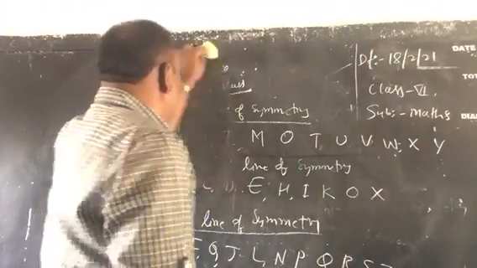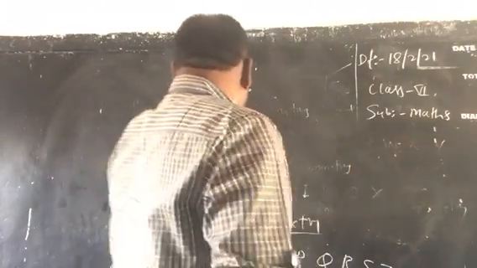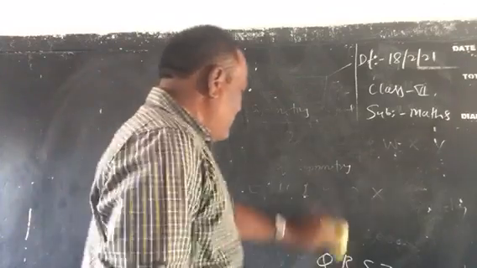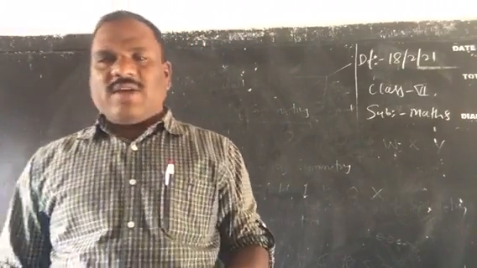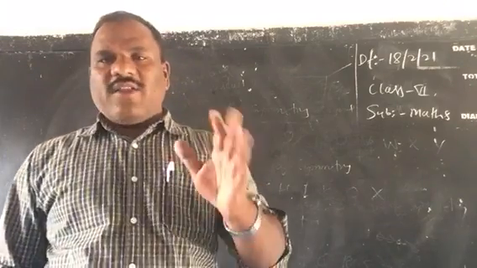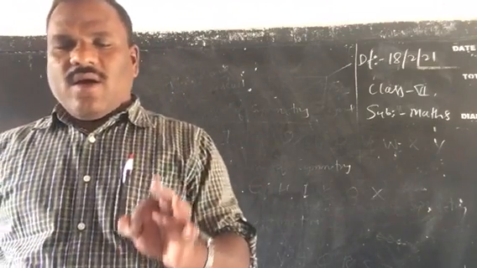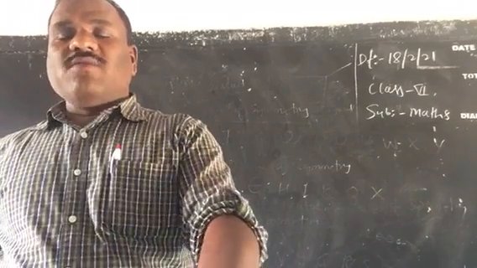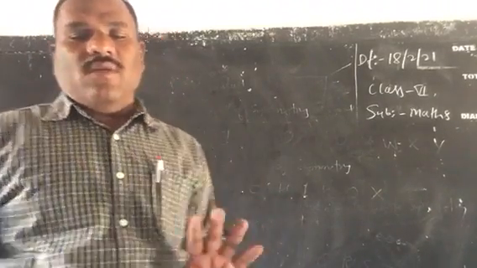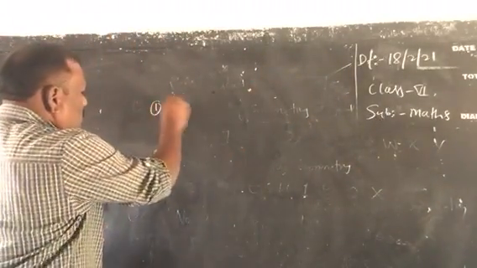The first question, children, on page number 168, Think and discuss or try this. The first question is, draw any 5 objects which have a line of symmetry. For example, the first object, we draw a triangle.